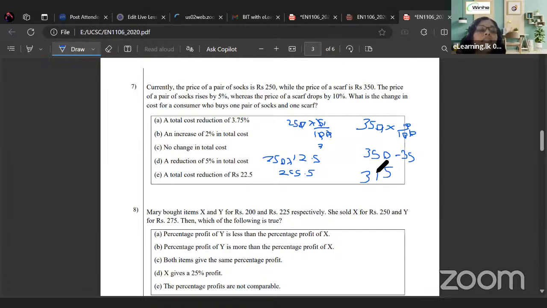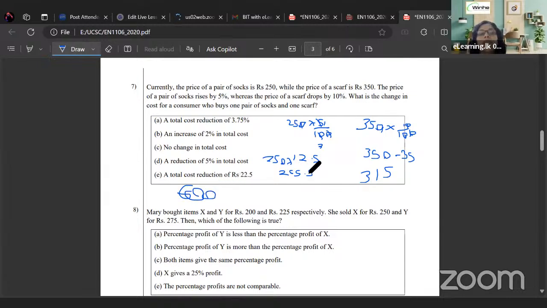What is the change in cost of a consumer who buys one pair of socks and one scarf? Right? So if he buys one pair of socks and one scarf, at the original price, it is 600. Right?